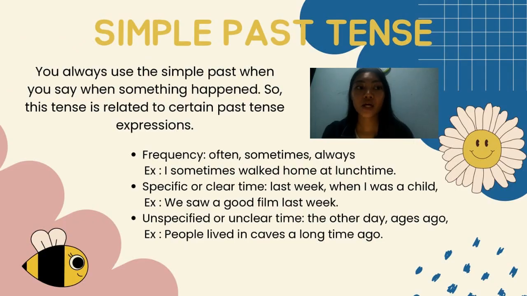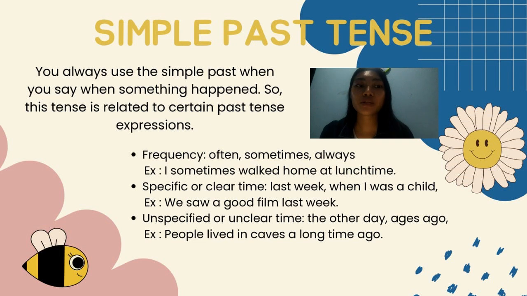You always use the simple past when you say when something happened. So, this tense is related to certain past time expressions. One, frequency: often, sometimes, always. Example: I sometimes walked home at lunchtime.